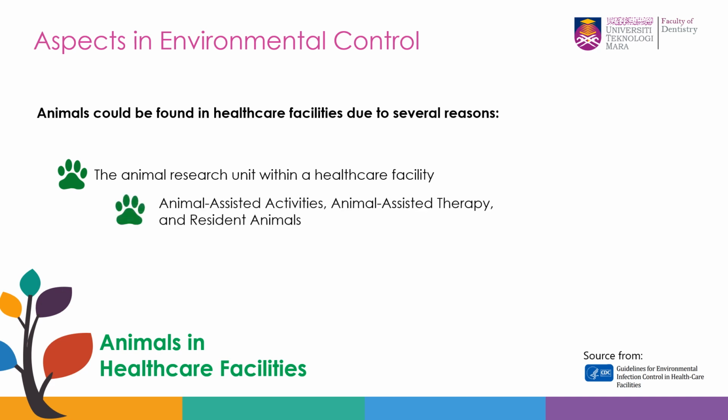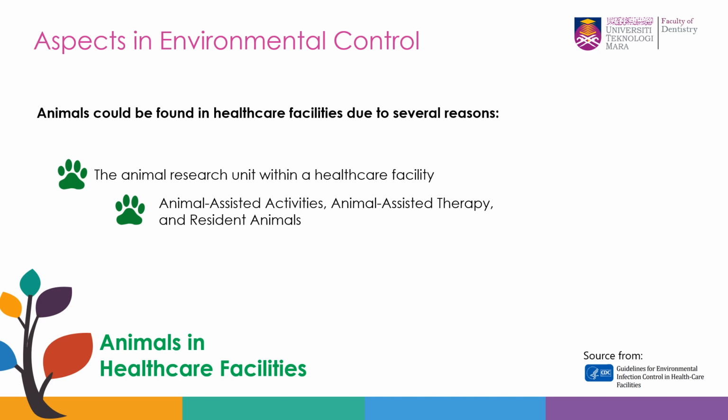Number two, animal assisted activities, animal assisted therapy, and resident animals. What does it mean by animal assisted activities or therapy? Some of our patients are receiving some types of therapy using animals, especially for cognitive behavior therapy. Sometimes they do use animals.